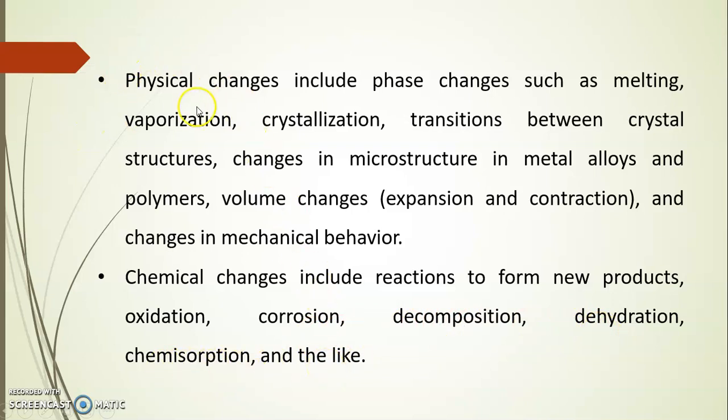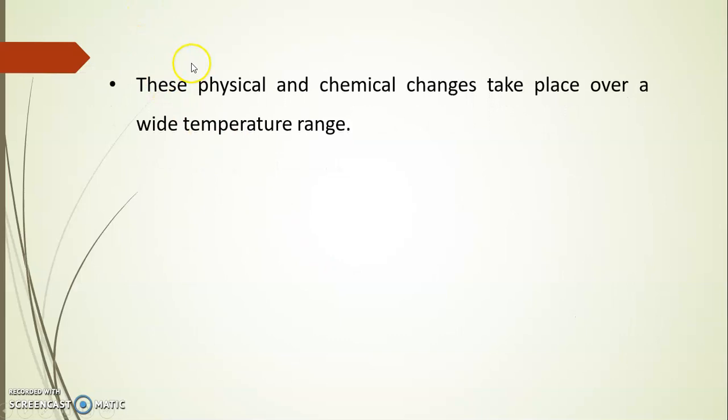So these are the physical and chemical changes which occur in the material when we apply heat or vary the temperature. These physical and chemical changes take place over a wide temperature range.